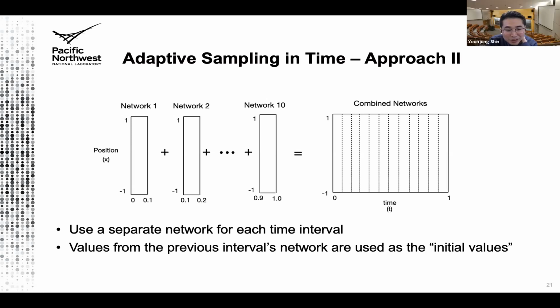Can I ask a quick question here? When you use the previous value as initial data for training the next, your network 1 value at time 0.1 should be matched to network 2 at that same location 0.1. But if you use the same initial data, then you are basically using the value at time 0 in network 1.